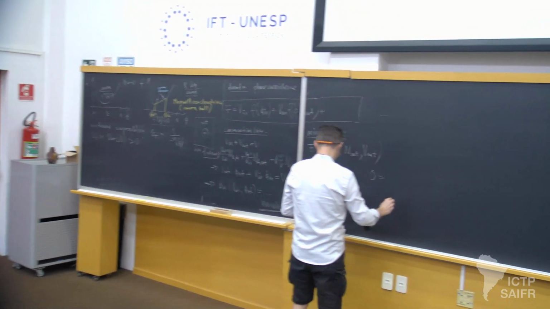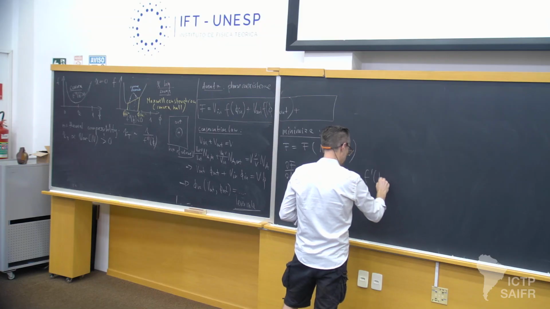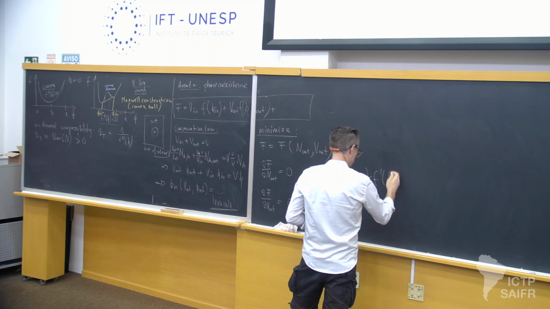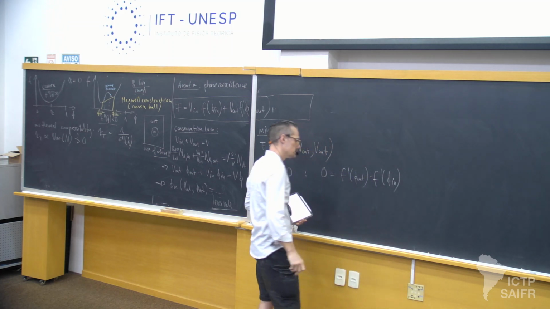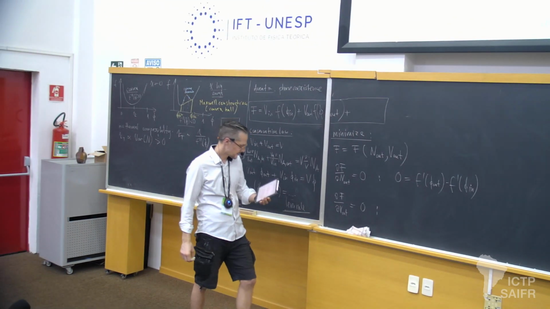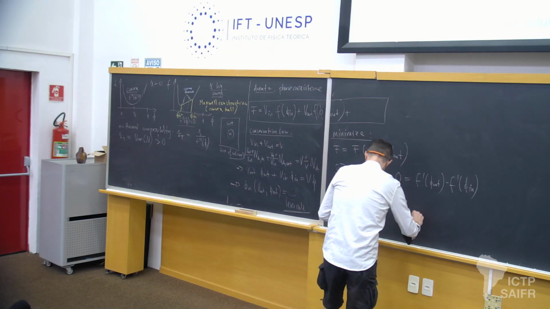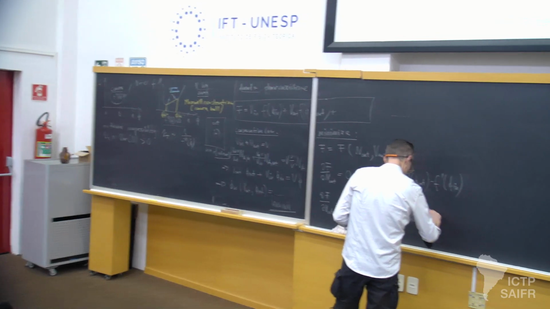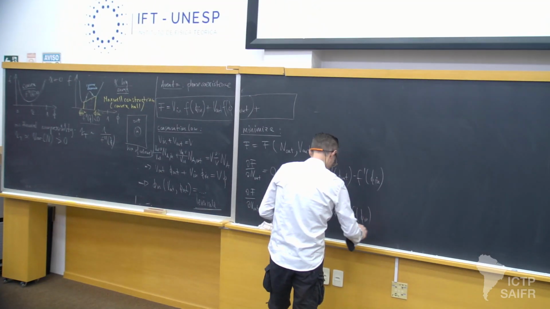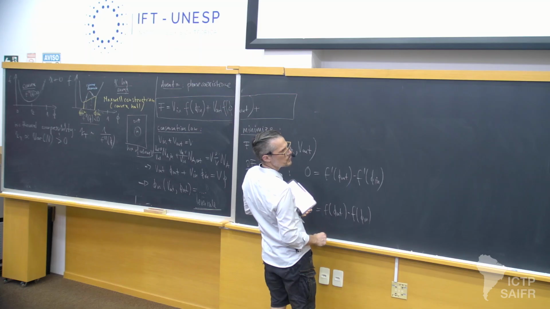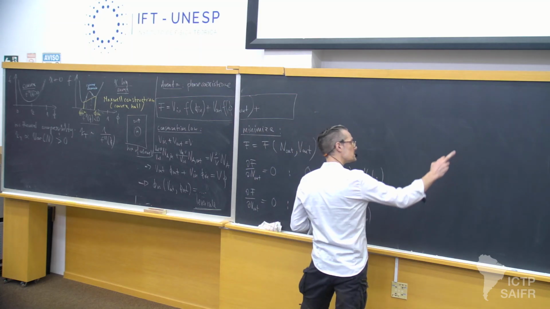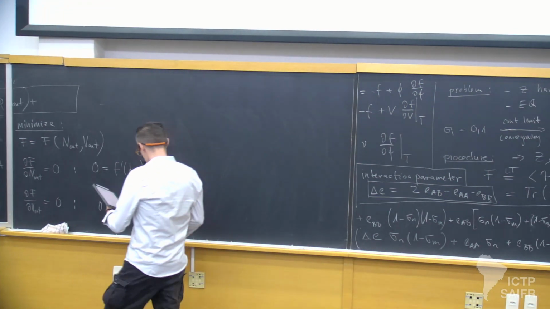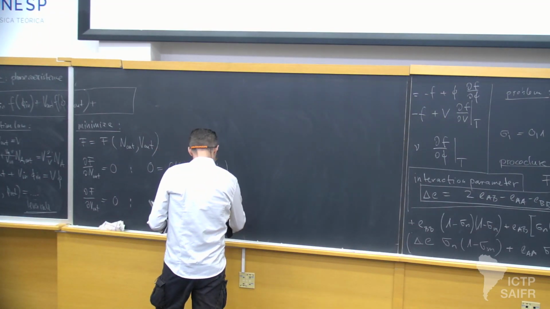But when you do this, you get that the slope is equal, with the first condition, and the second condition gives the difference of the free energies.